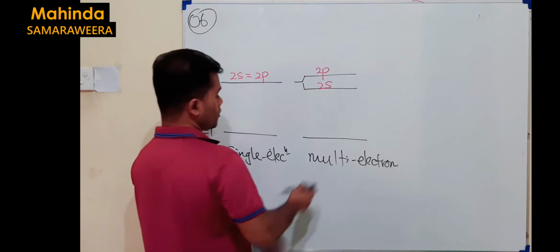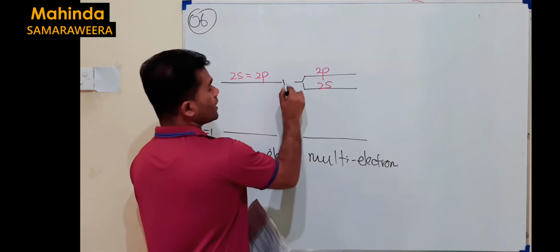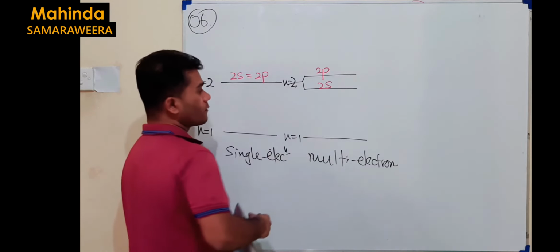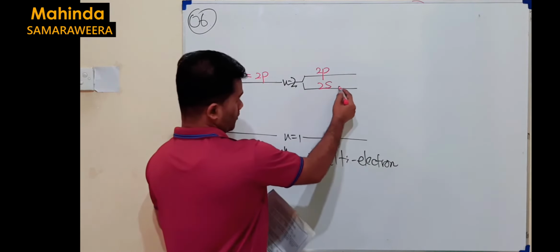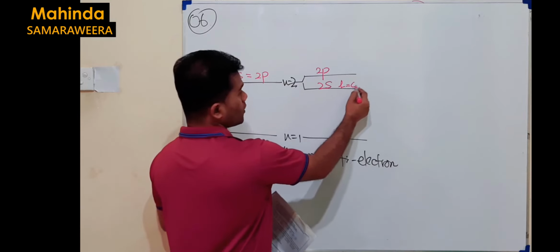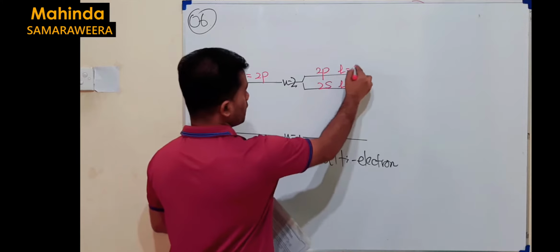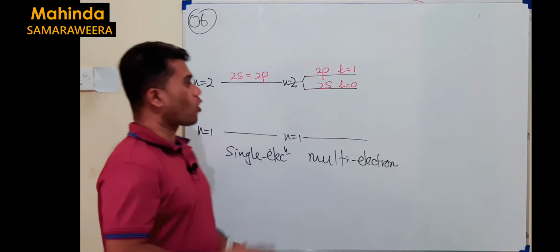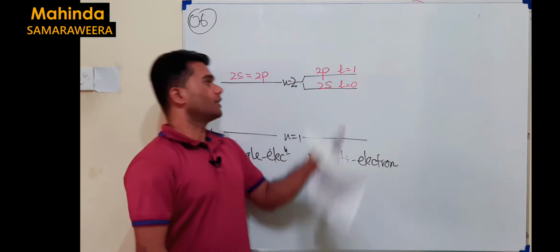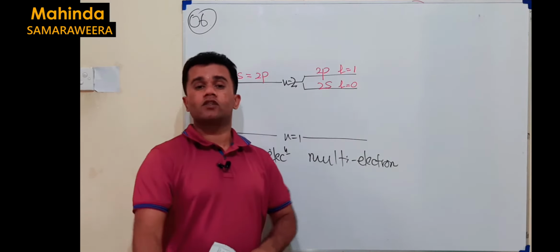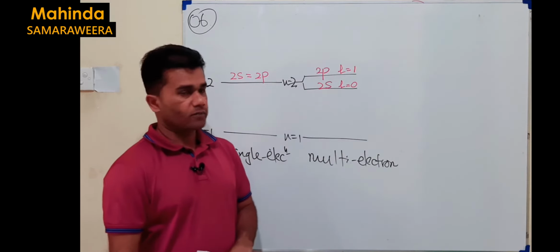Principal quantum number is 1, then here 2, right? But in this particular case, the azimuthal or angular momentum quantum number for 2s is 0. This one is 1. So when angular momentum quantum number varies, then energy also varies. That means energy depends on angular momentum quantum number.